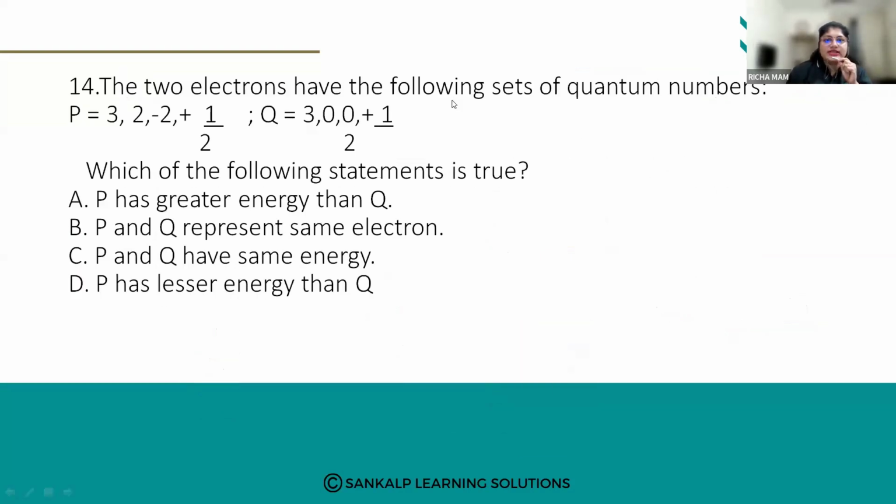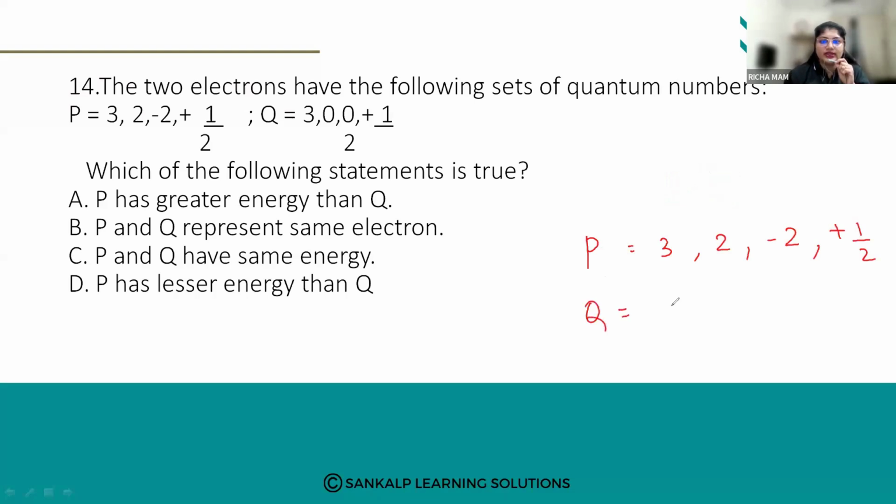The two electrons have the following sets of quantum numbers. So there are two electrons, any two electrons. Now for one electron, P, the set of quantum numbers is 3, 2, minus 2 and plus half. So this is one set.